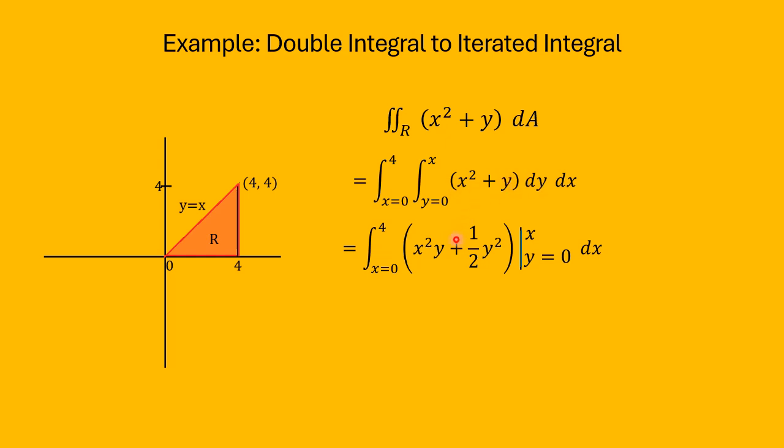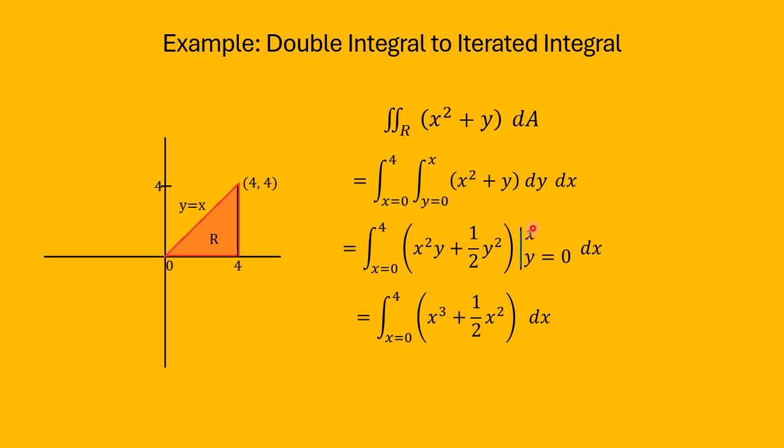And then we're going to evaluate this by substituting in y equals 0, also y equals x, and subtracting. When we do that, this simplifies to just x cubed plus 1/2 x squared. Let's see, can we see that from up here? If we substitute y equals 0 in here, this term is 0 because it has a factor of y. This term is also 0 because it has a factor of y.